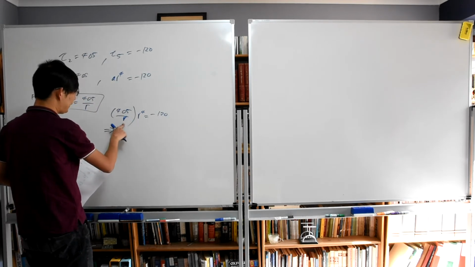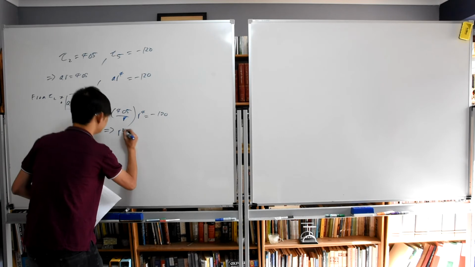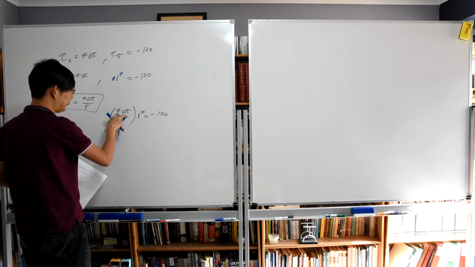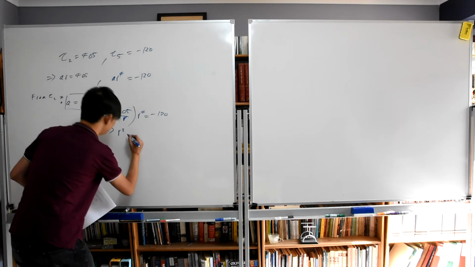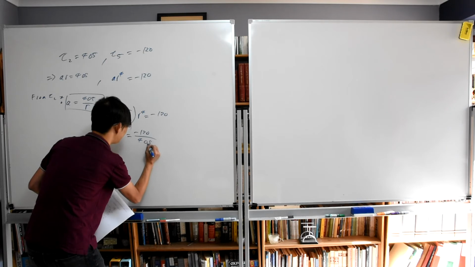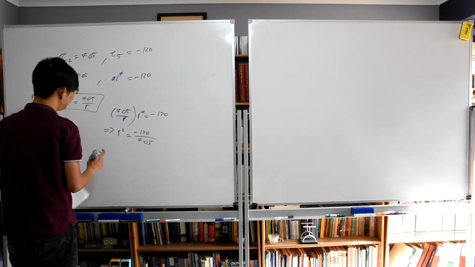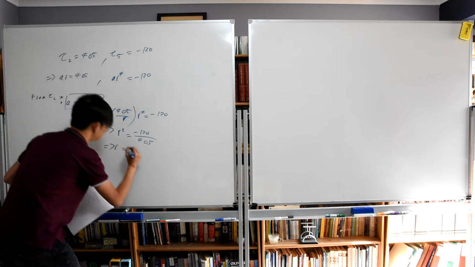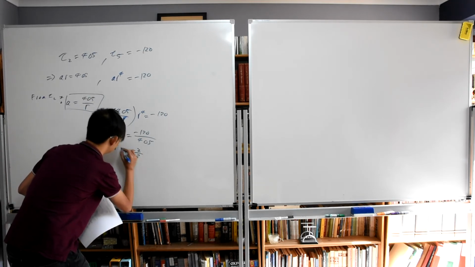So R^4 divided by R is going to be R cubed, and bring this 405 to the denominator, we're going to get minus 120 on 405, implying that R is going to be equal to minus 2/3.